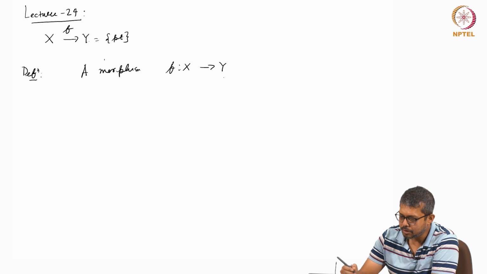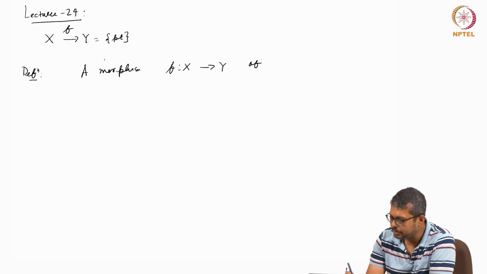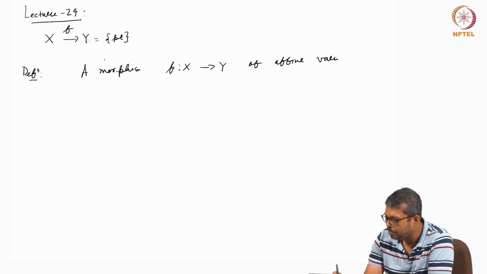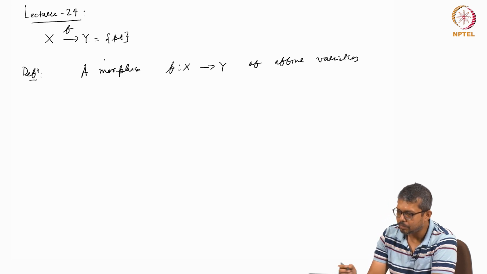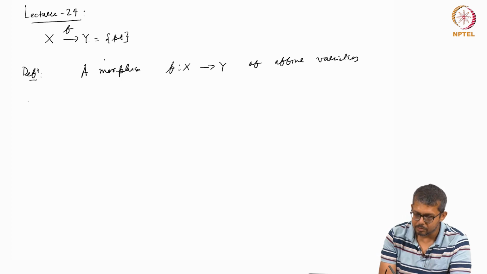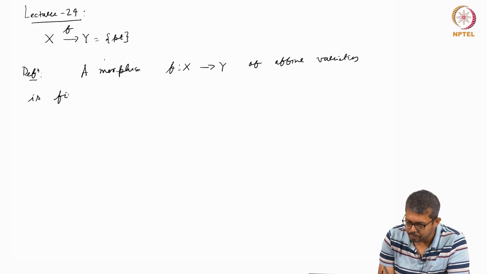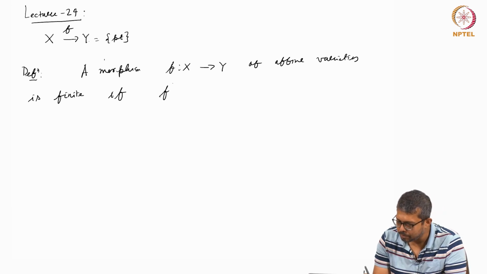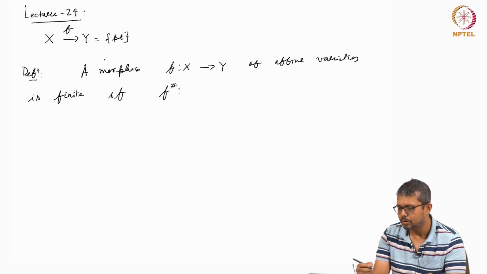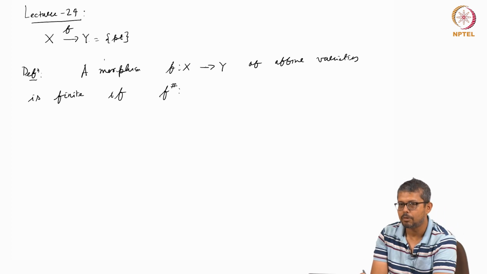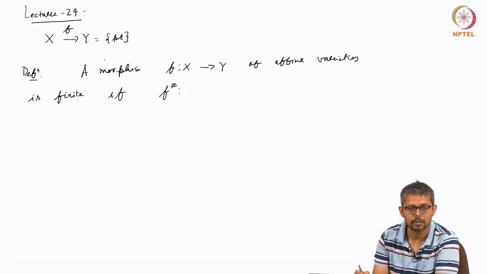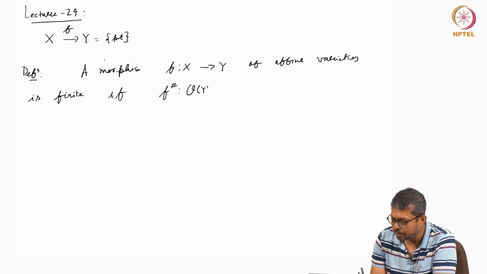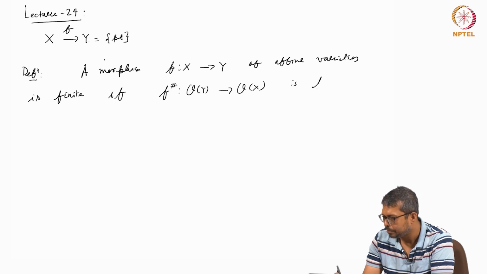First, a morphism of affine varieties is finite if the induced map, since giving a map of affine varieties is giving a K-algebra map, O_Y to O_X, is finite.